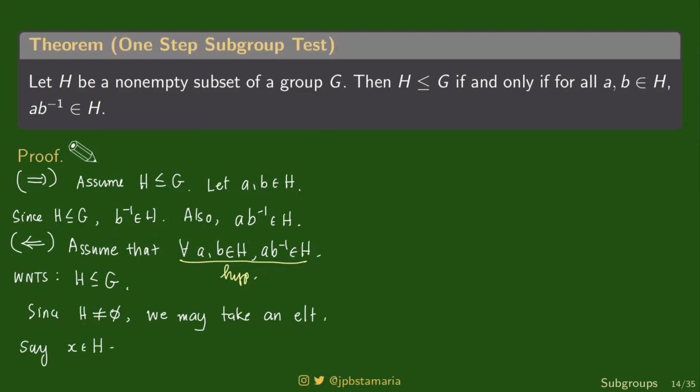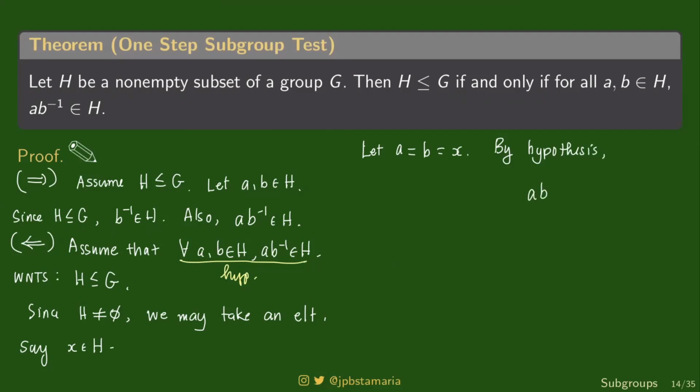Kunwari X. Okay? Ang gagawin ko, let A and B be both equal to X. Kung sino man yung X na yan. Tama? Ay, walang tama. Tingnan nyo. By hypothesis, kung i-apply ko yung hypothesis sa case na ito, ano sabi ng hypothesis?